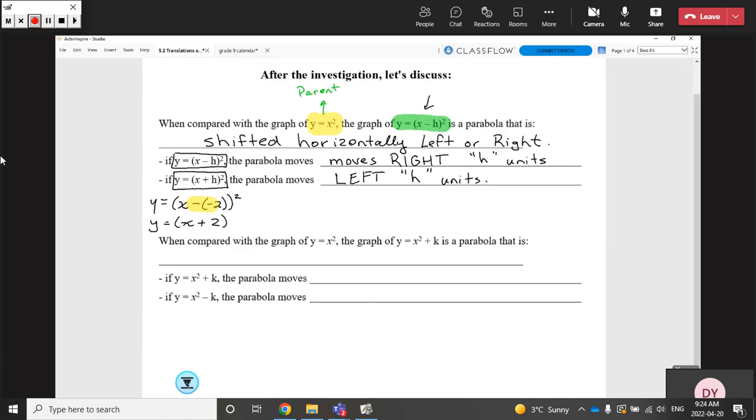Now, when compared to the graph y equals x squared, how about that k value? This one at the end here, this k value, is a parabola that is shifted vertically, up or down.